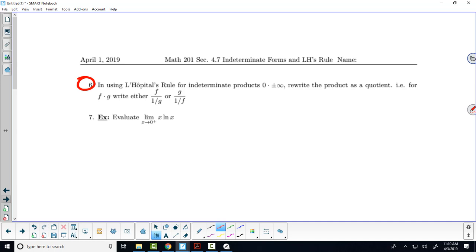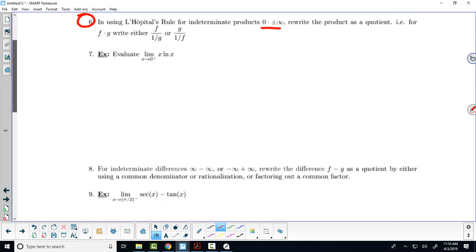So you've got these two competing ideas. It is an indeterminate form. The way you should do it is rewrite it as a quotient. Either rewrite it as f over 1 over g, or g over 1 over f. That will either put it into the form 0 over 0, or infinity over infinity.